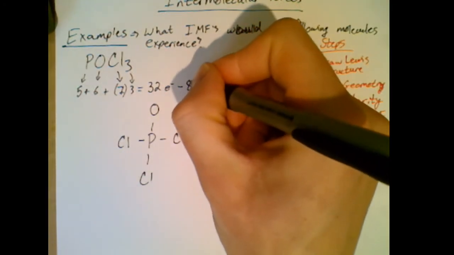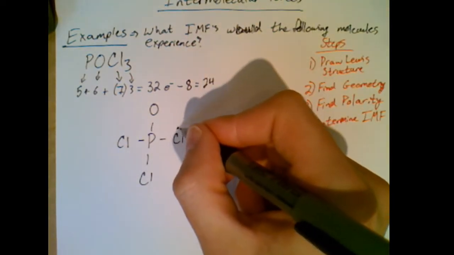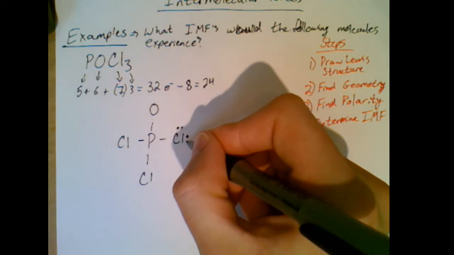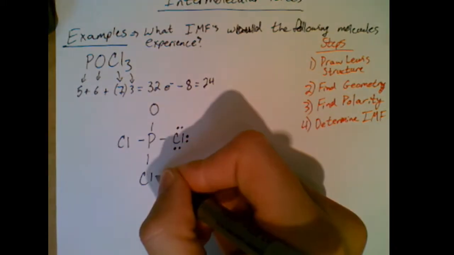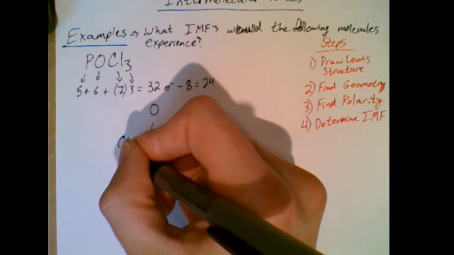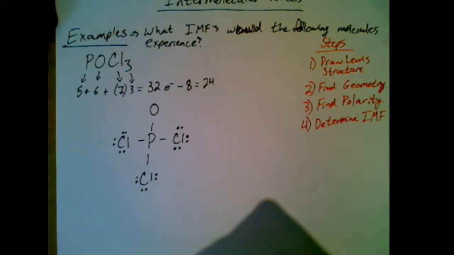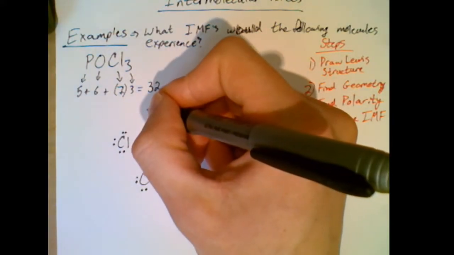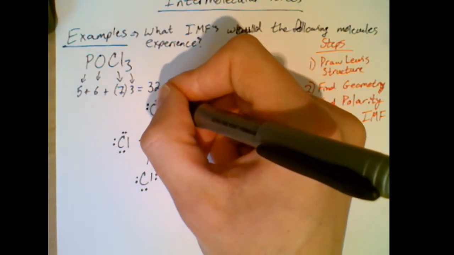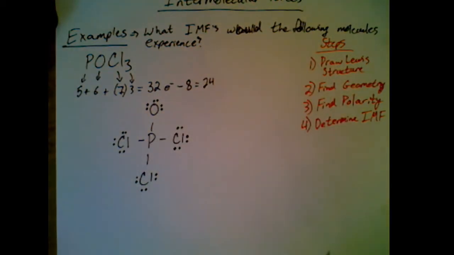We used up 8, which leaves us with a total of 24 left. Add those electrons around the outside of your terminal atoms, and then do the same with oxygen. Don't do this in pen, because I'm going to show you why this is wrong.